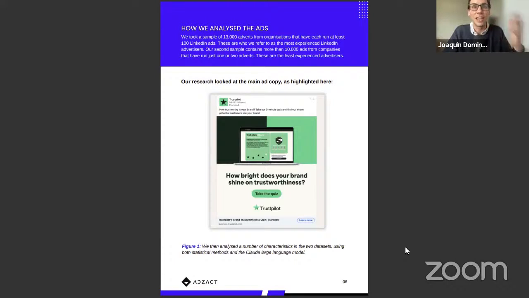We analyzed the text, the images, and the key areas: the length of the ad copy, the emoji, the use of questions, the use of hashtags, the style of the call to action, the reading level, and finally how the ad copy was designed to make it successful.